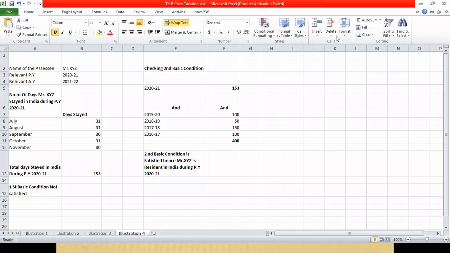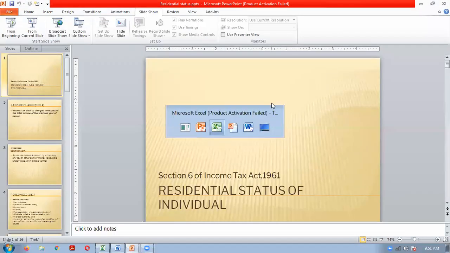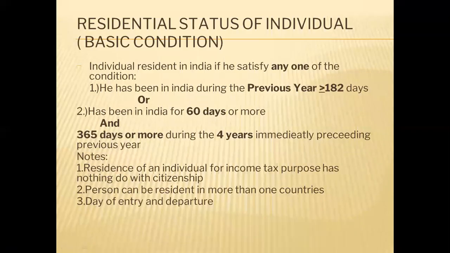There are two additional conditions, and the rule says that both conditions should be satisfied. If only one additional condition is satisfied, then it is of no use.